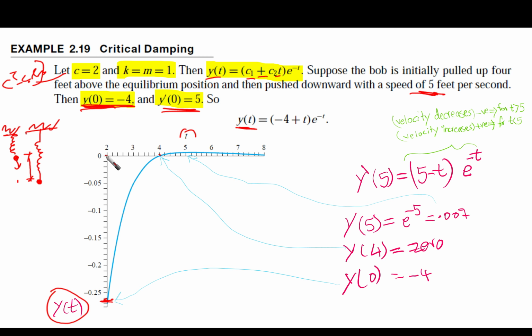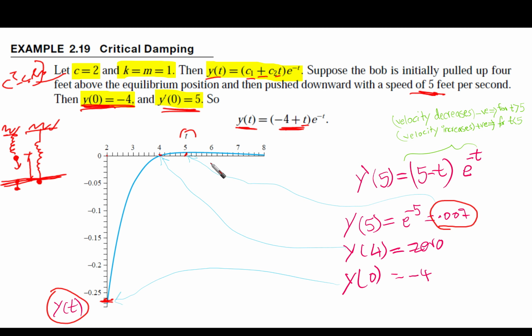This means that y of t is going to be 0 here, and after t exceeds that, this term is going to be positive. At t equal to 5, y is almost 0.007. So the bulb is going to reach the equilibrium position and go a little bit after it.